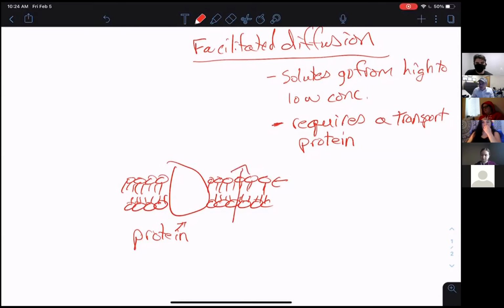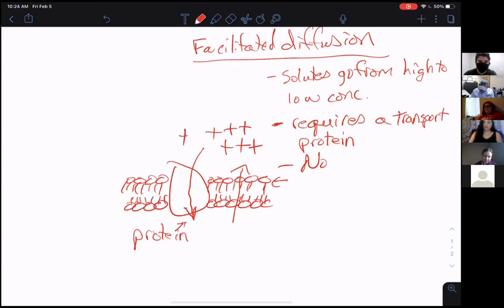Diffusion would be an example of something that just passes through the membrane. Facilitated diffusion, on the other hand, requires a doorway, and that would be these transport proteins, okay? Again, no energy is required. It's just going from an area of high concentration. So here are my solutes.